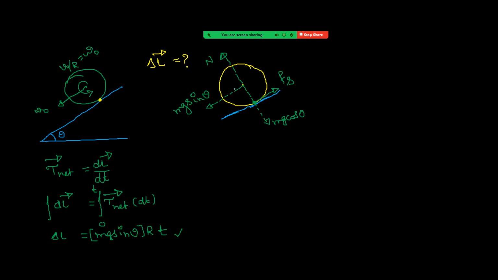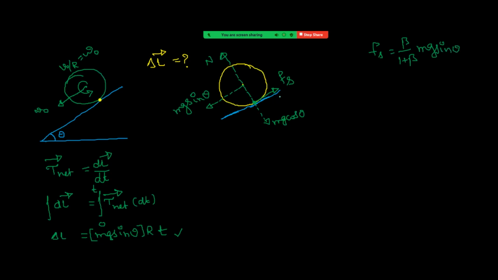For example, if you are taking torque about the center of mass, then see what the net torque is because of mg. There is no torque. Because of the normal reaction, there is no torque. Now torque will be only because of static friction. And we have learned that this static friction Fs is equal to beta upon 1 plus beta into mg sin theta.